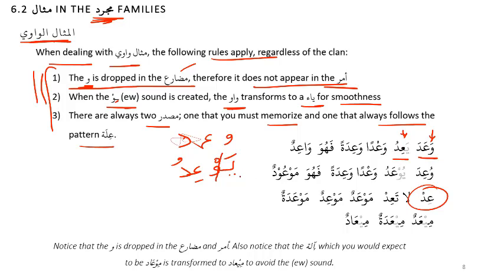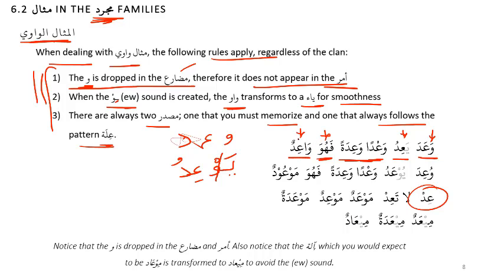Ya'idu sounds much more smooth than yaw'idu. So ya'idu is the fail mudari. And then the masdar is wa'adan. That's something to remember. And then wa'idatan, this is the ain lam ta. So these are the two masdars. For huwa, the file would be wa'idun.